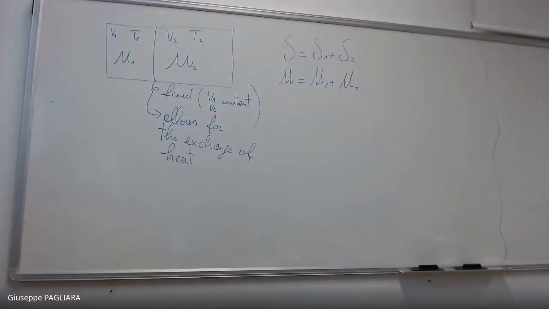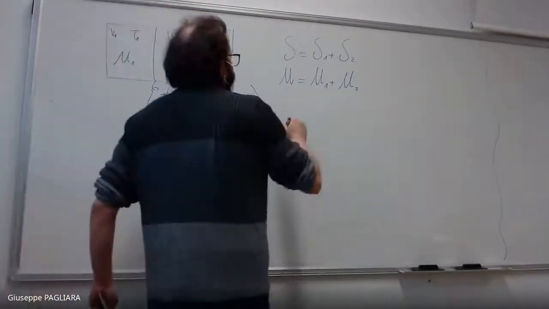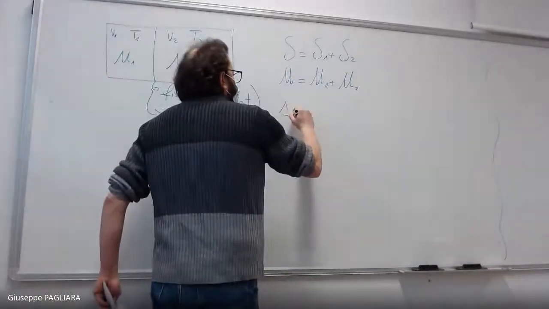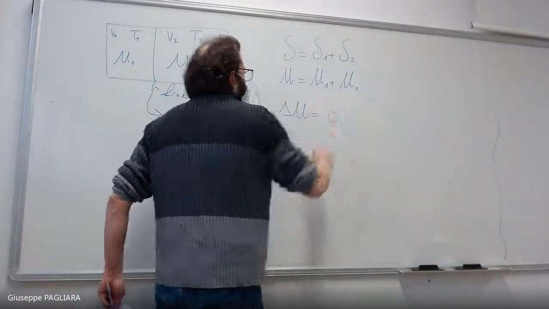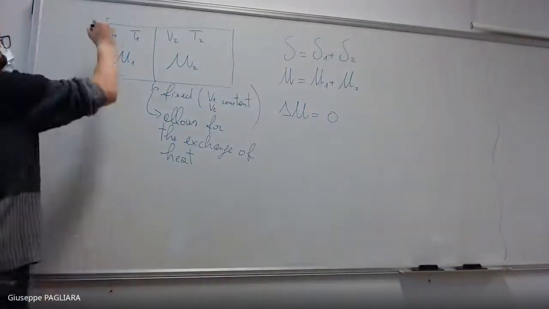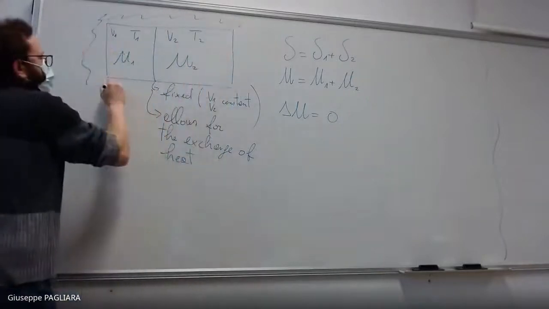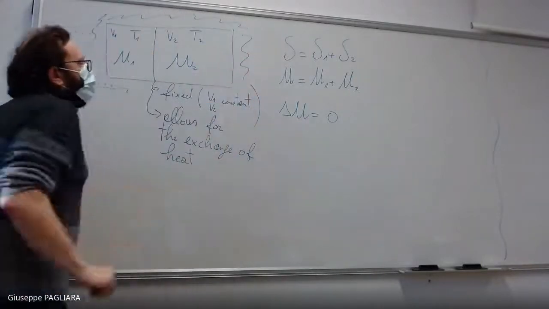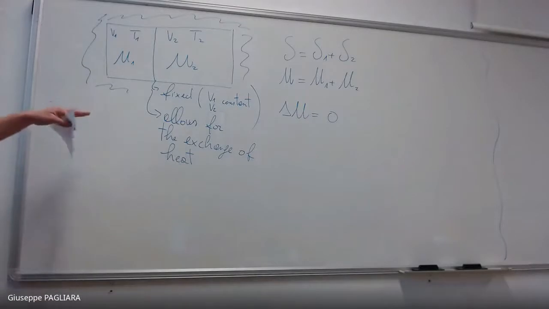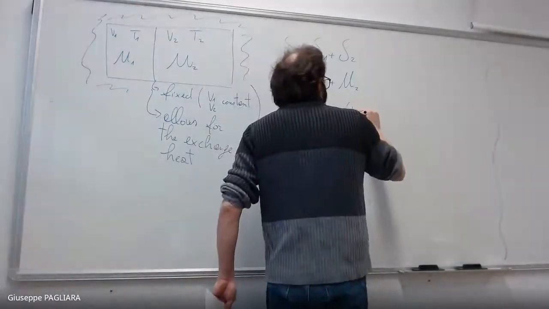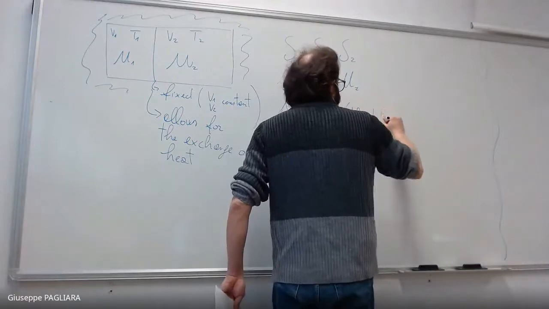Now, the variation of delta S and delta U are the following. Delta U is equal to 0. Why? Here I do not have any interaction of this system with the environment. Therefore, the variation of the total internal energy is 0, because the total system is isolated.